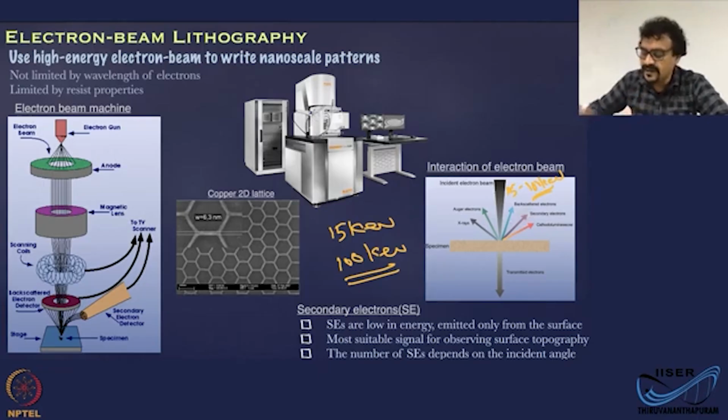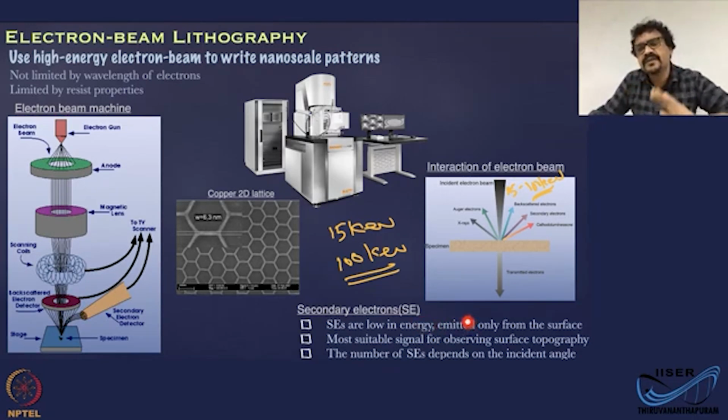And this detector also takes the image using the secondary electrons. These secondary electrons are low in energy and are emitted mostly from the surface. So that is mostly suitable for observing the surface topography. And the number of secondary electrons and their characteristics depend on the incident angle, the primary beam electrons, the surface interaction and the nature of the surface also.